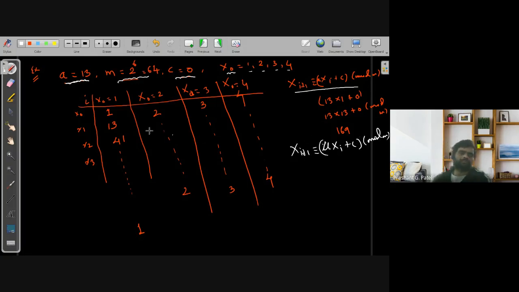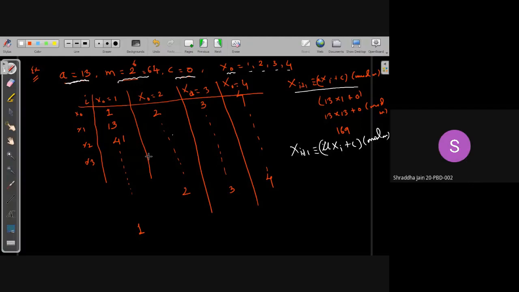Using this, I told you to find the period for these different values of seed. So has anyone done this?